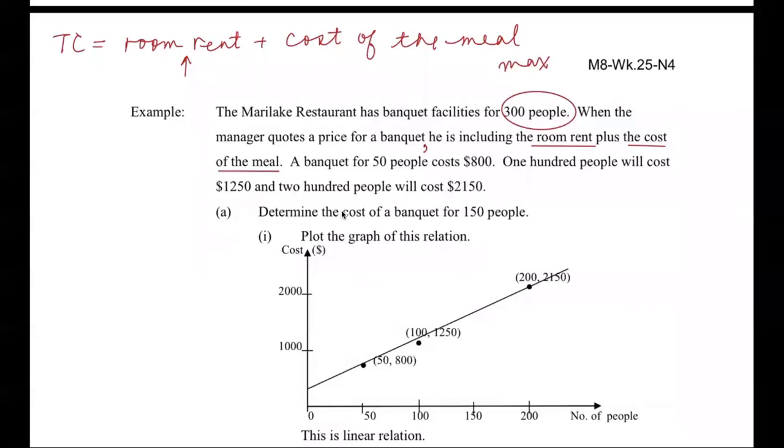So the point here is room rent is a cost that does not change as the number of guests changes. I repeat this: room rent is the type of cost that does not change as the number of guests changes. So for this kind of cost, we call it fixed cost.